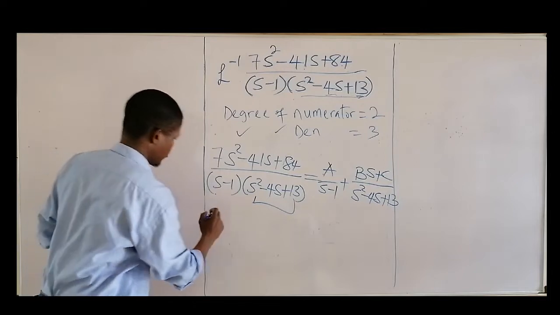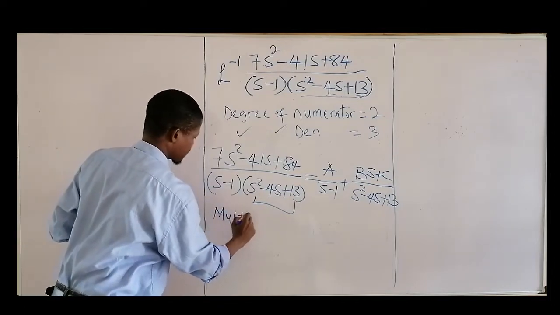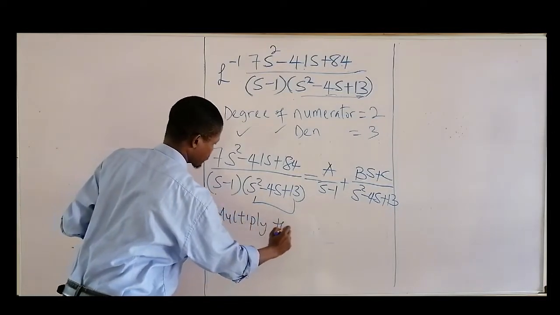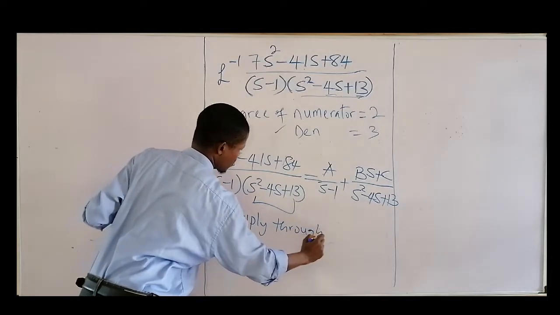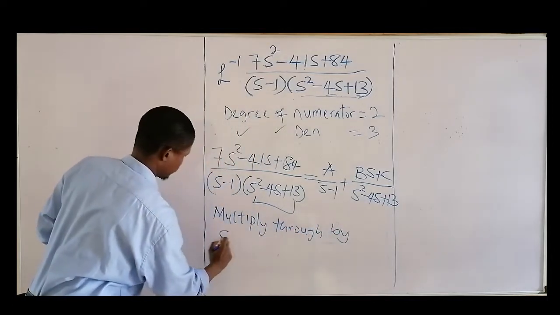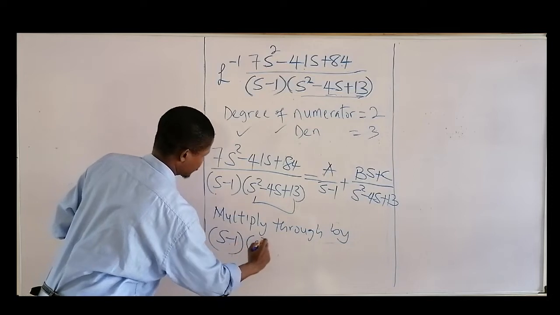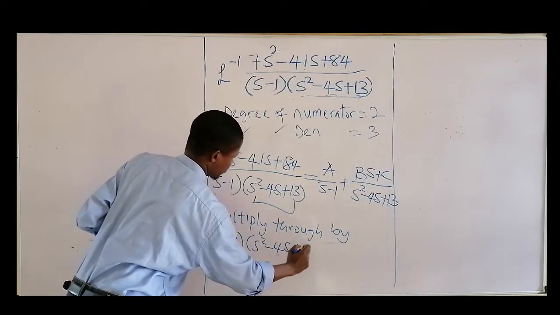The next thing, multiply through by the common factor, x minus 1 into bracket x squared minus 4x plus 13.